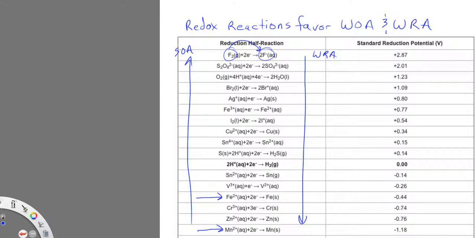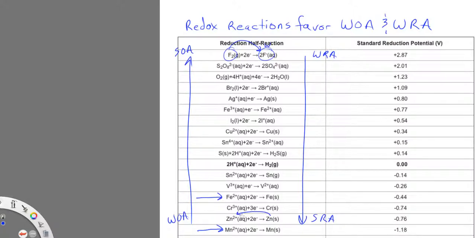This is weaker. As we go down, these are going to be our weaker oxidizing agents, and they always are going to produce stronger reducing agents. In other words, these would have a tendency to go that way.